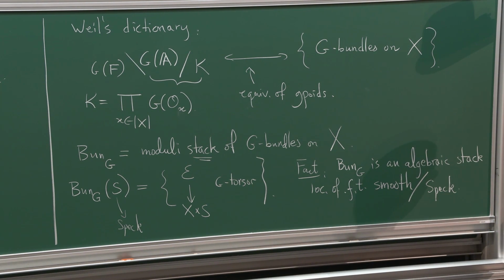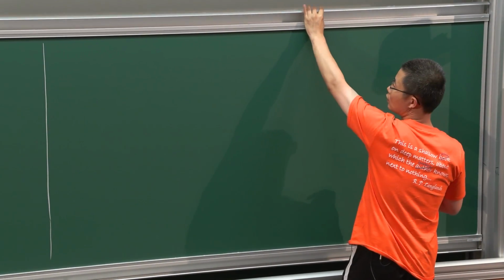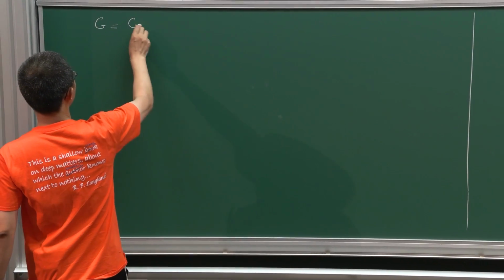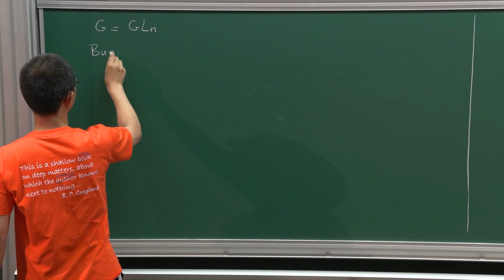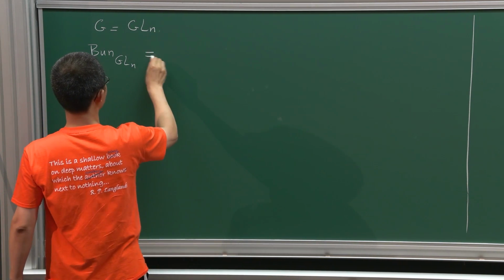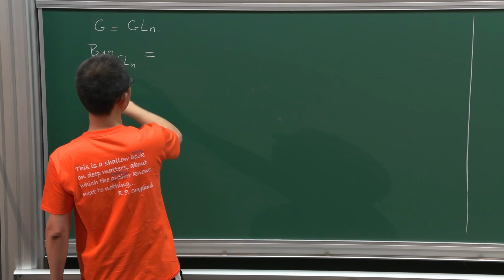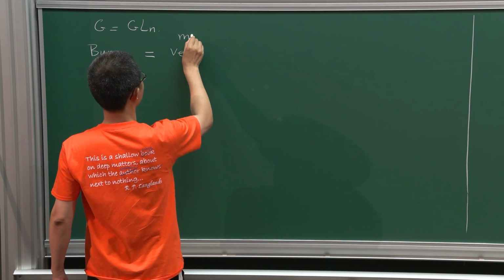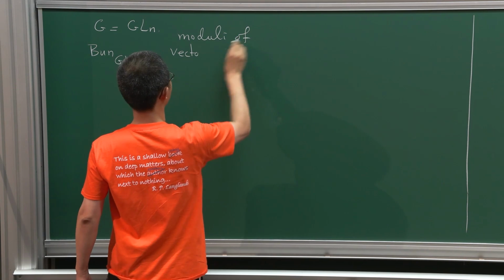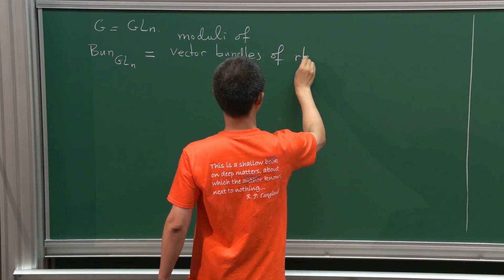So just to be more concrete, let's look at some examples of G. For GL_n, of course, when we talk about a GL_n-bundle, this is just a vector bundle. So there is a natural correspondence between principal GL_n-bundles and vector bundles. So the moduli stack of vector bundles of rank n.